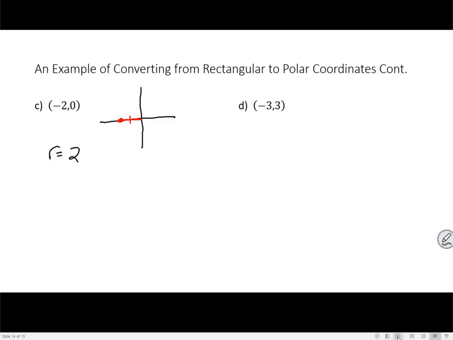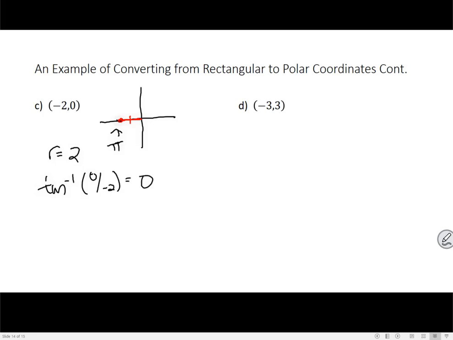All right, so now let's try to find our angle. Notice that my point here is a quadrantal angle, which is going to be pi. You can find this just by looking at the graph and comparing it to your unit circle, or tangent inverse of y over x, so 0 over -2, which is 0.